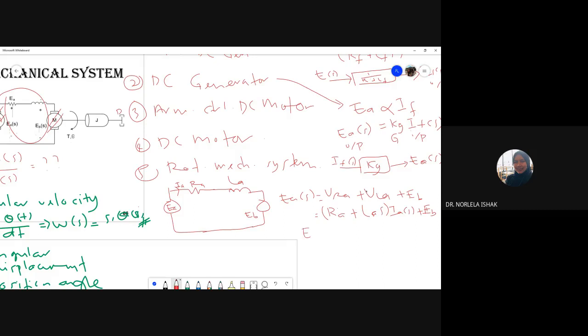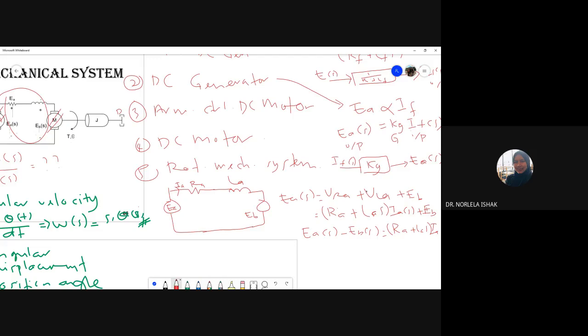So you can get EAS minus EBS equal to RA plus LAS darab dengan current armature. Okay, so you arrange this equation, follow output equal to gain darab input.